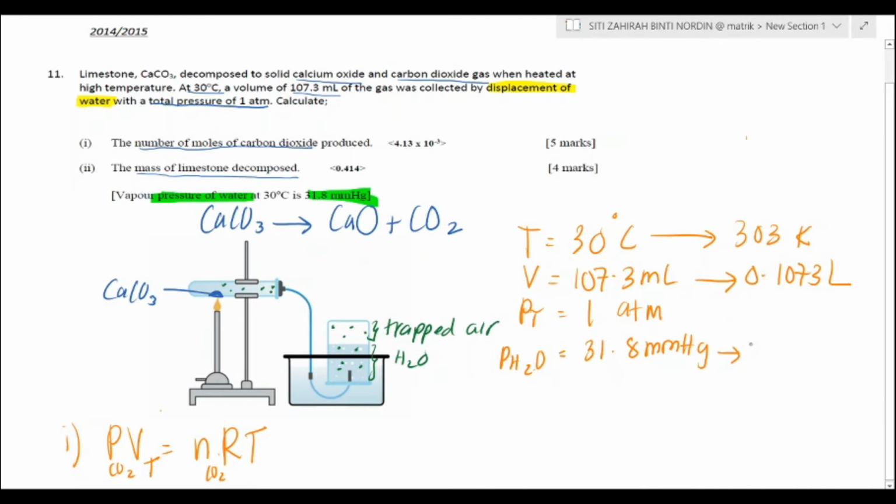So it's going to be 31.8 divided by 760 millimeter mercury. So it's going to be 0.04184 atm. Just convert everything into the respective unit of the ideal gas equation.